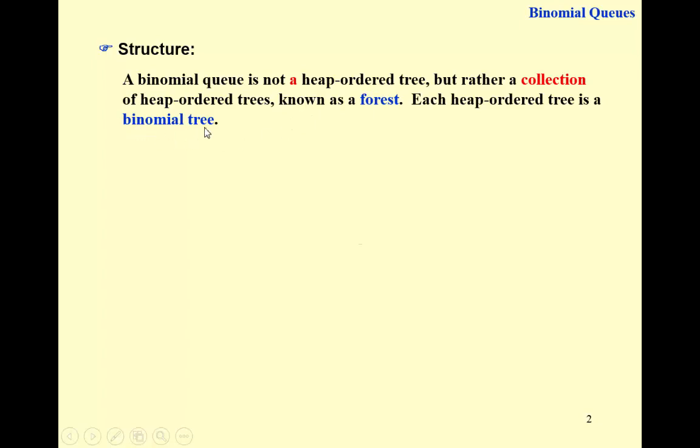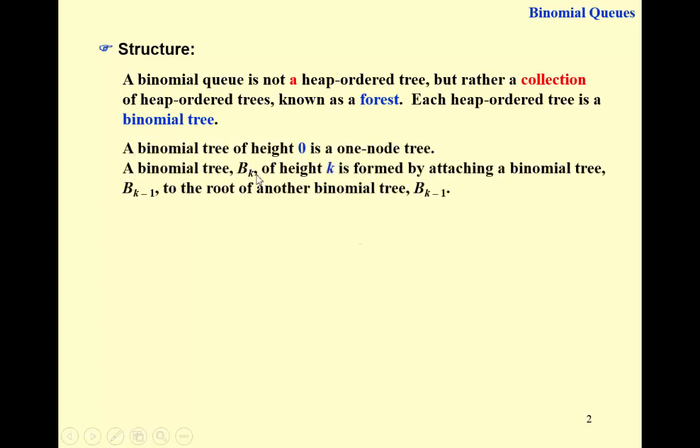So what is a binomial tree? Here's the definition. A binomial tree is defined recursively. Starting from the smallest case, a binomial tree of height 0 is a one-node tree.